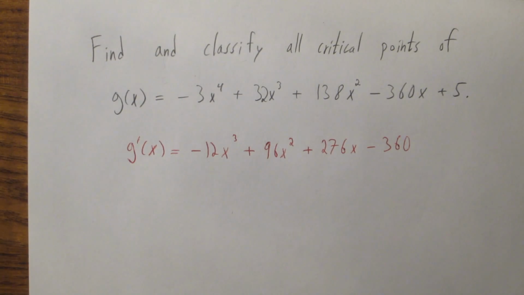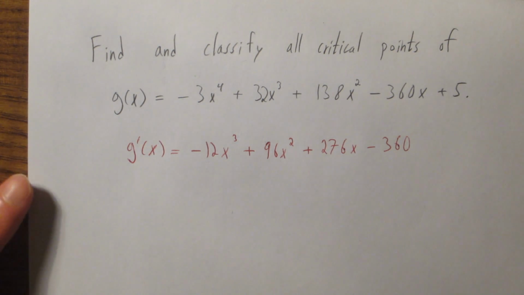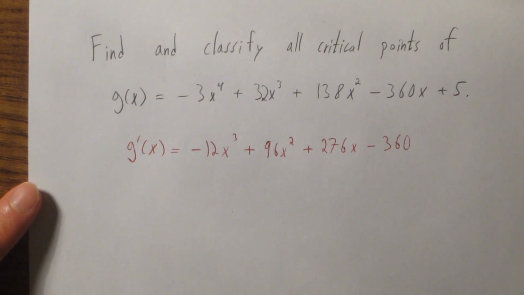Here we wish to find and classify all critical points of a function g. Basically, critical points of a function are points at which the derivative of a function is 0. So here g prime x is minus 12x cubed plus 96x squared plus 276x minus 360.